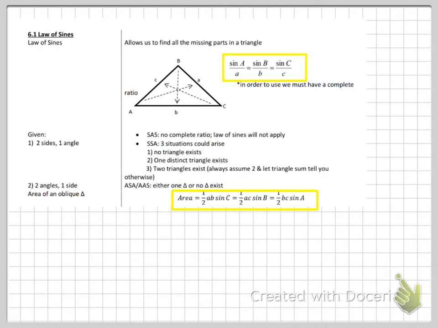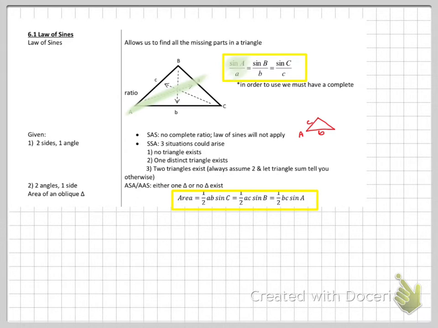So if you're given two sides and one angle, there's a lot of possible things that you might have. You might have side angle side. Well, if you try to set up a law of sines equation, you need to have a full ratio. So sine A over a, you need to have both the angle and the opposite side.